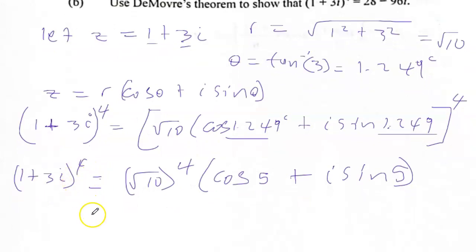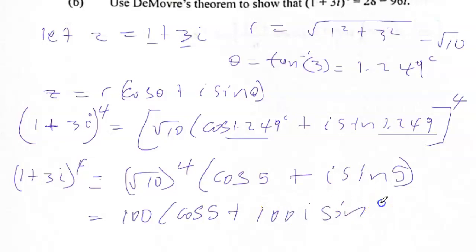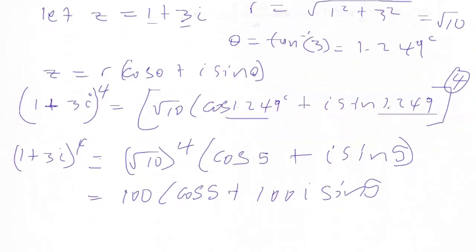Root 10 to the power of 4 is 100. So we have 100 outside the bracket, so 100 cos 5 plus 100i sin 5. And where did the 5 come from? 4 times the angle there. Remember De Moivre's theorem? r to the n, cos n theta, sin n theta, where n is 4.